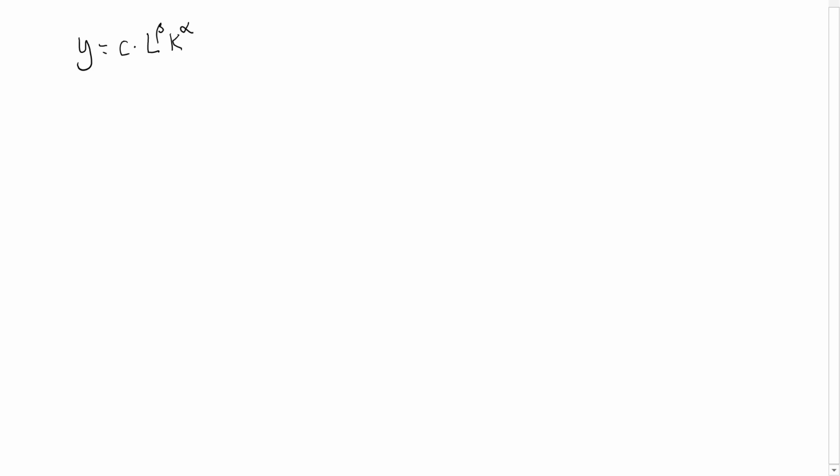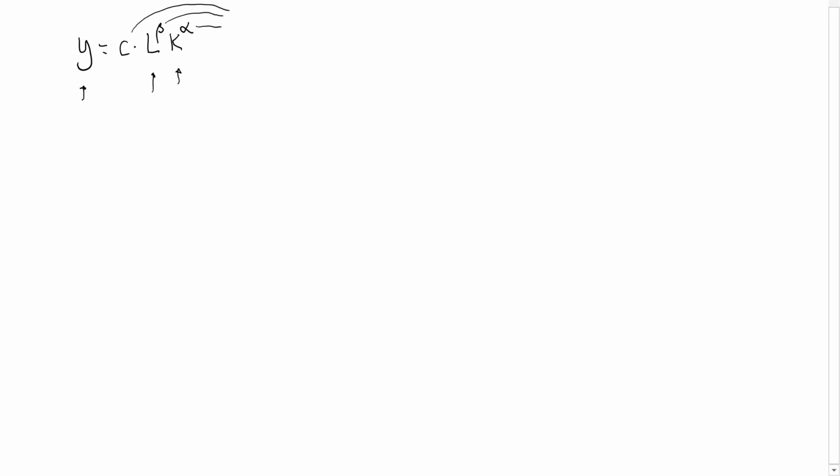I have a sample, which I can assume is a random sample, containing total production, the amount of labor, and the amount of capital for n firms. And I have three unknown parameters here, and based on my data, I want to estimate these parameters.